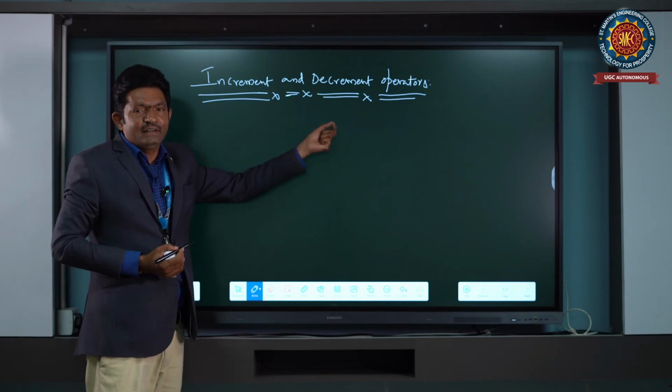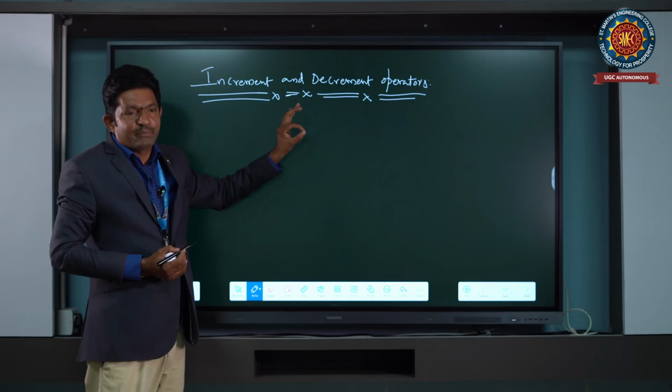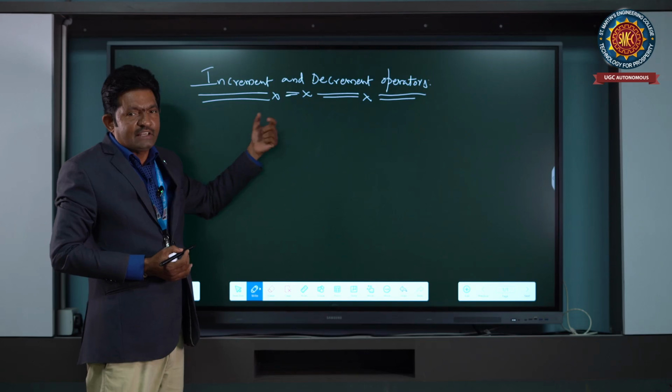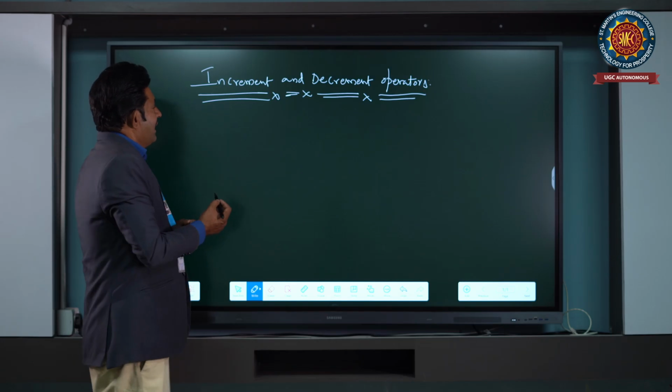What is an operator? An operator is a special symbol that performs different types of operations on actual values. So, the increment and decrement operators.